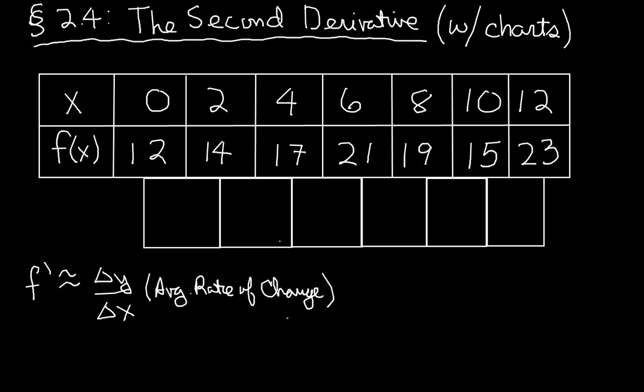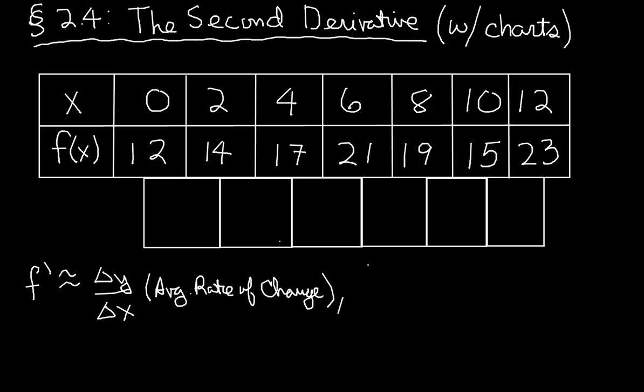Why? Because the second derivative is just the derivative of f prime. And so all the stuff that we know about f prime, about the first derivative, will also hold for the second derivative, but applied to f prime. And so, again, if f double prime is positive, that should imply that f prime is increasing. And similarly, if f double prime is negative, that should imply that f prime is decreasing.